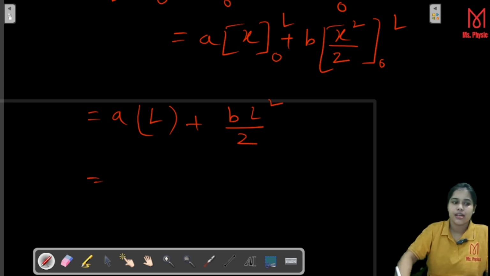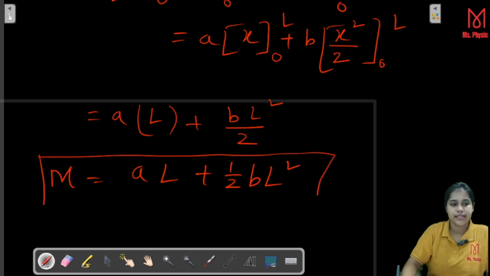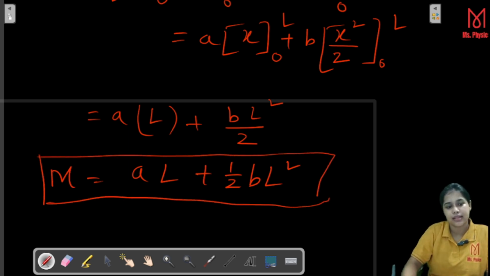So the expression is AL plus half of b L square. This is the total mass in terms of A, B and L. So this is the answer.